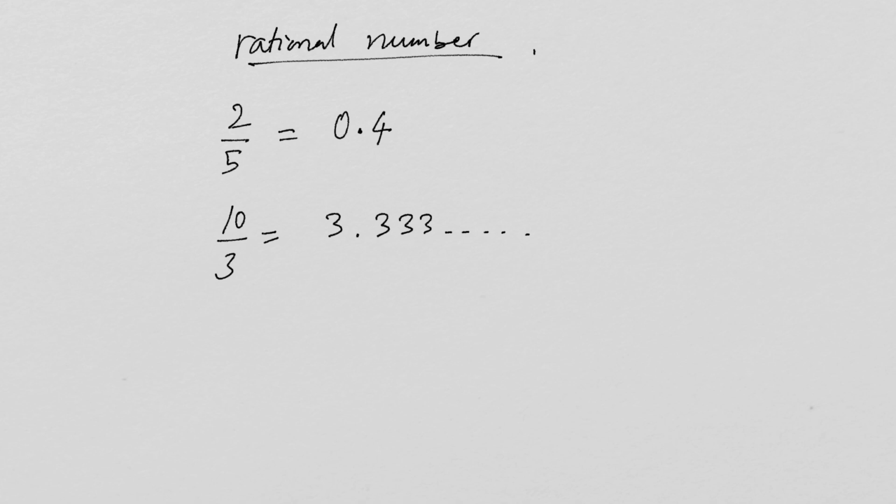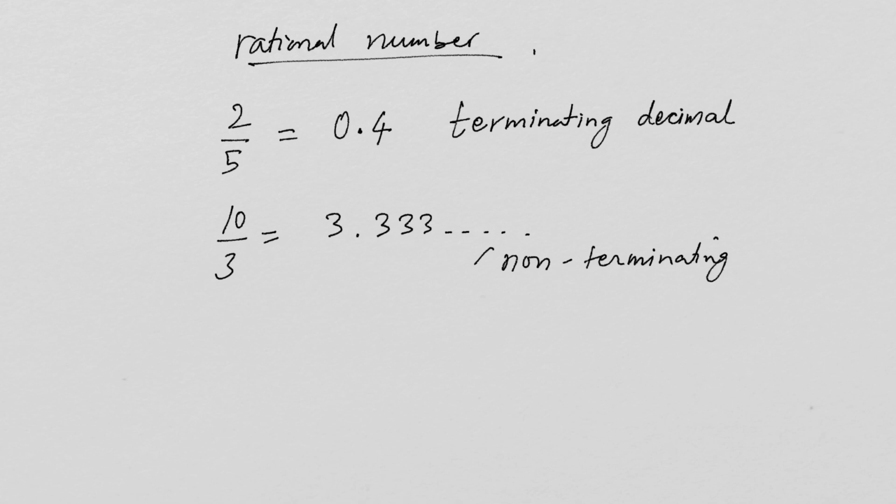So if we write a rational number in decimal form, there are only two possibilities. One is called terminating decimal, and the second is called non-terminating repeating decimal.